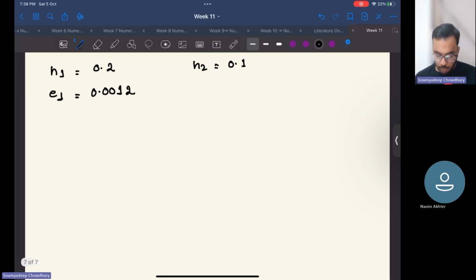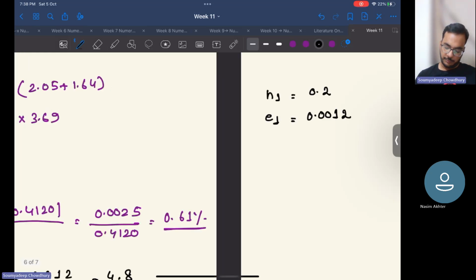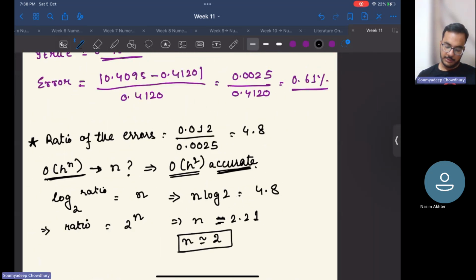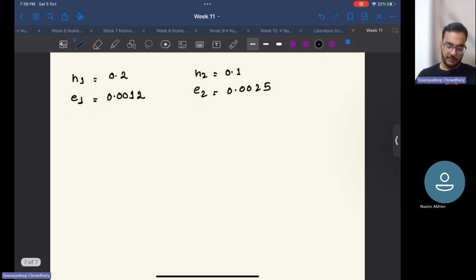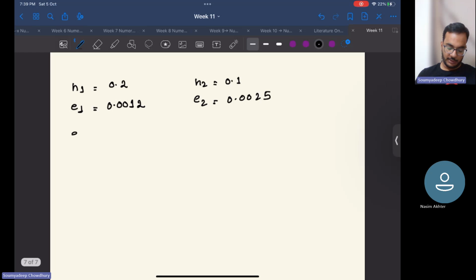So we first took a step size of 0.2, and we found out the error in that particular H1 was 0.0012. Then we reduced the step size and we saw that our error reduced to 0.0025. Then we found out the ratio of the errors E1 by E2, which was equal to 4.8.